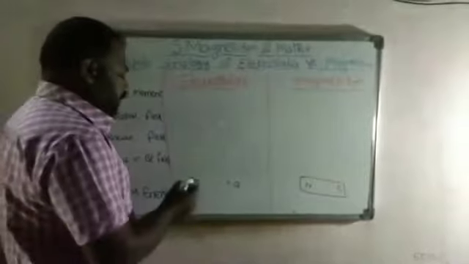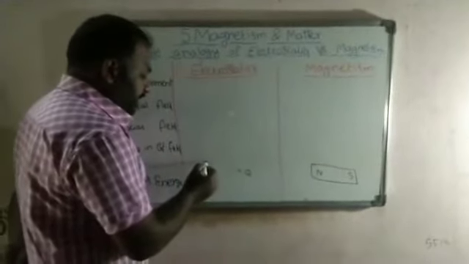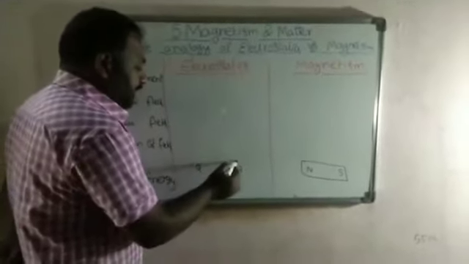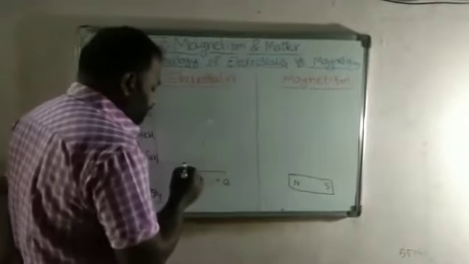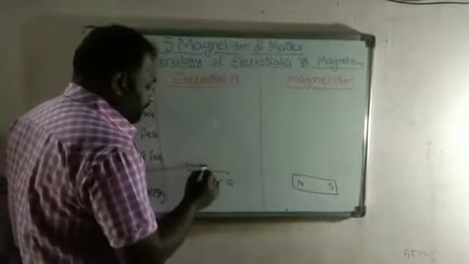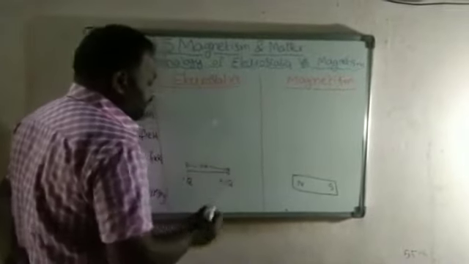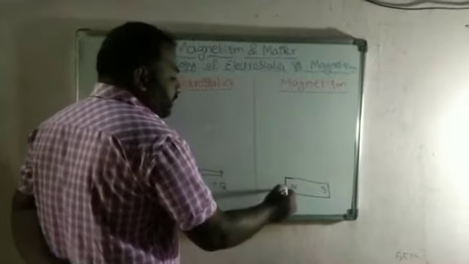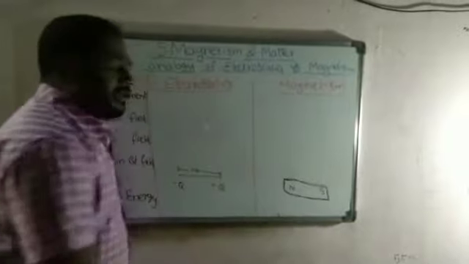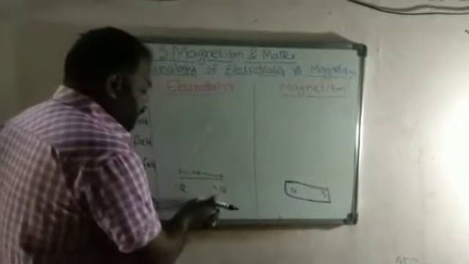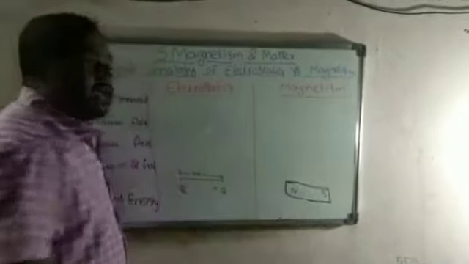We know what an electric dipole is: two equal and opposite charges placed at a small distance. A magnetic dipole is nothing but north and south poles; every bar magnet can act as a magnetic dipole.